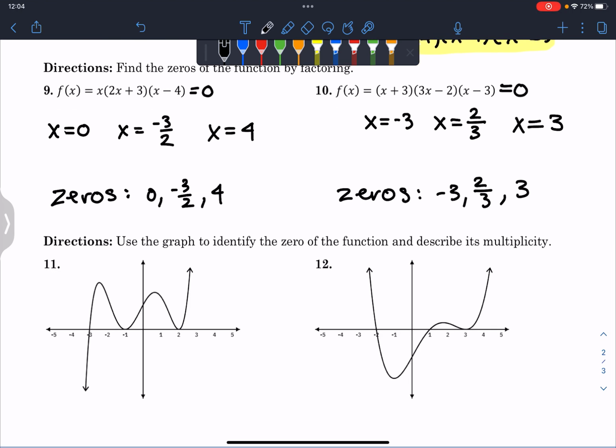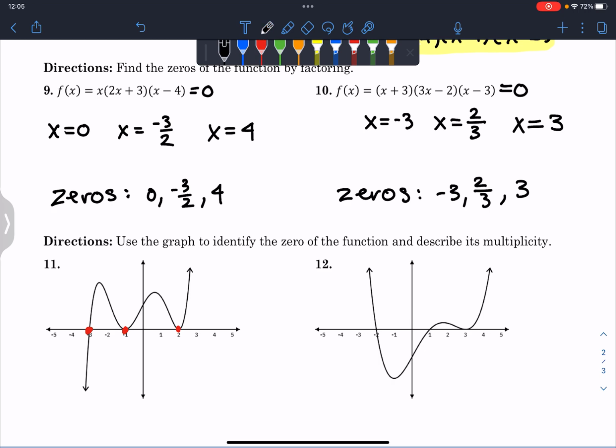Now on numbers 11 and 12, you have to identify the zeros and their multiplicity. So for number 11, our zeros are whenever we touch the x-axis, our x-intercepts. In this situation, there's 3 of them.